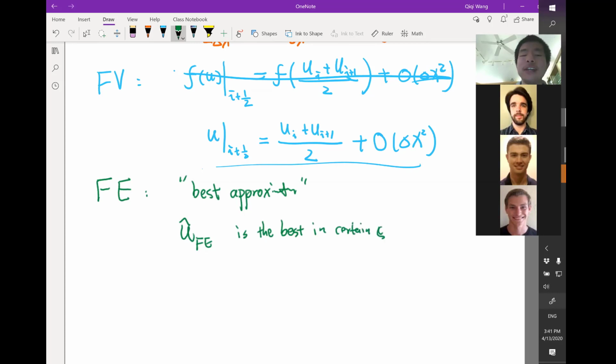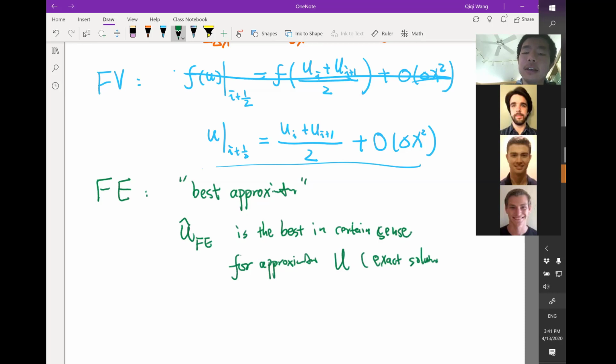I'm not going to explain this certain sense because it's actually a lot of mathematics. It is the best in a certain sense for approximating the analytical exact solution u.